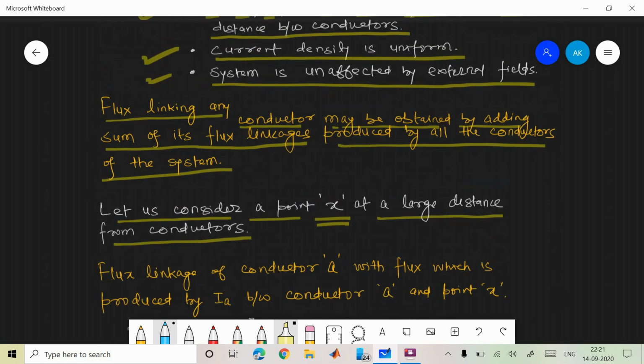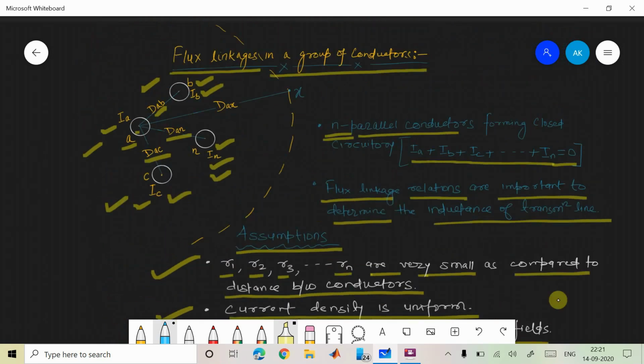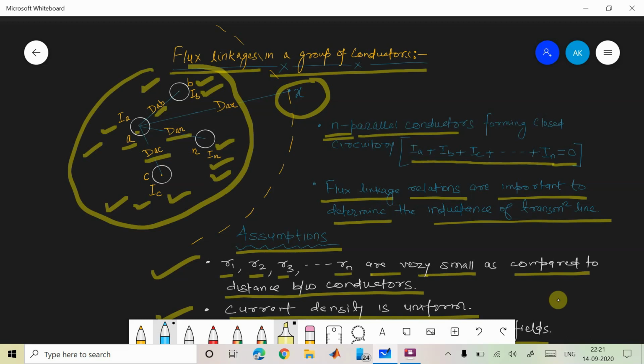It means we are considering this point X, which is at a very, very far distance from these conductors.